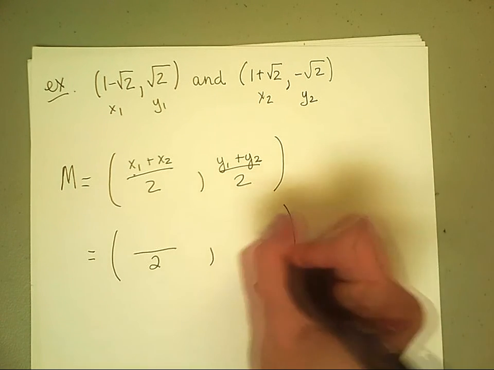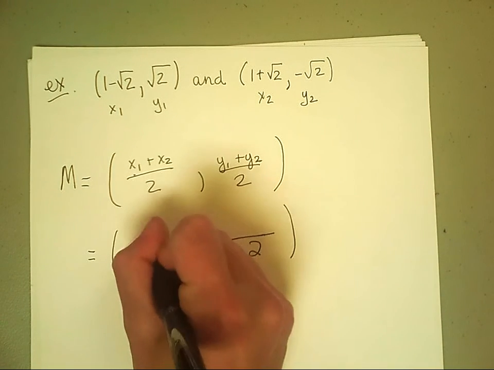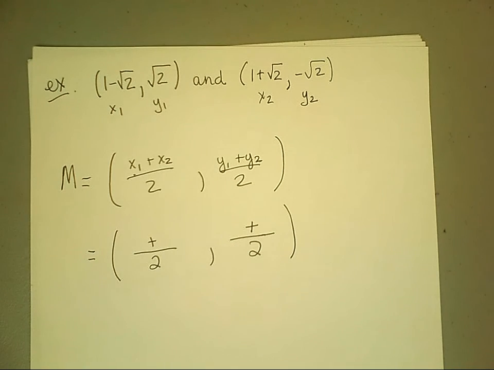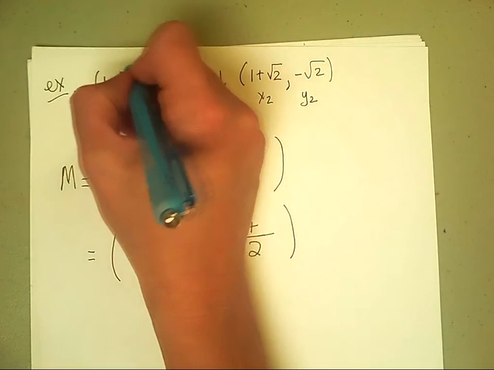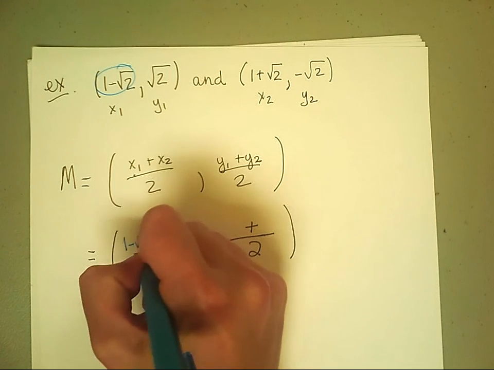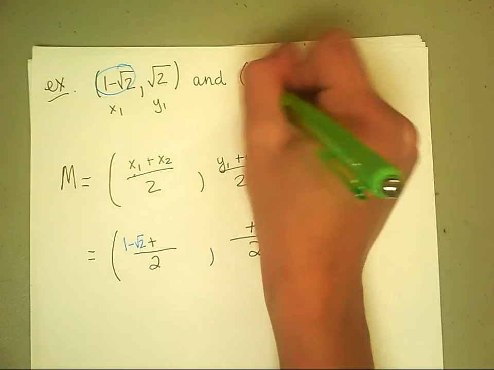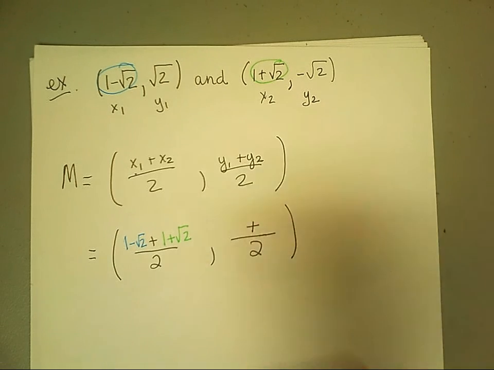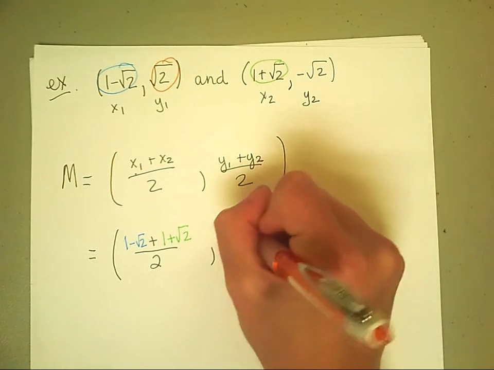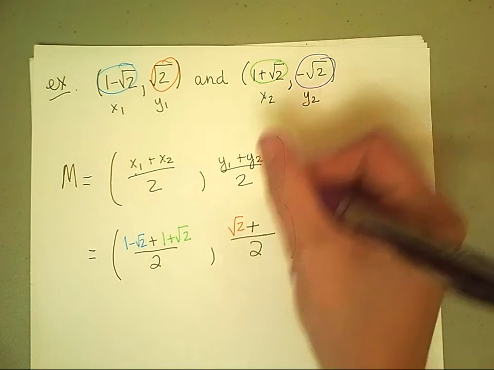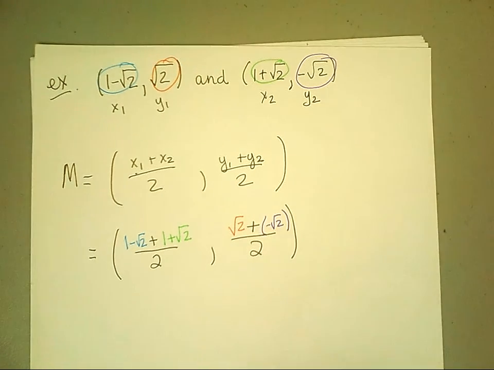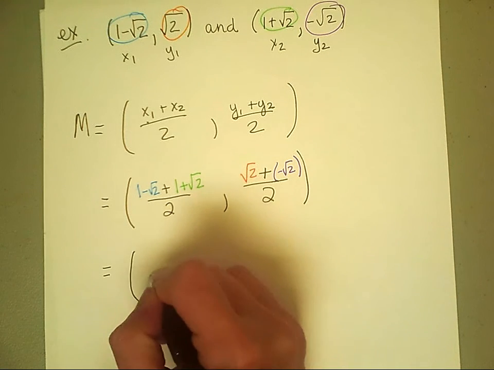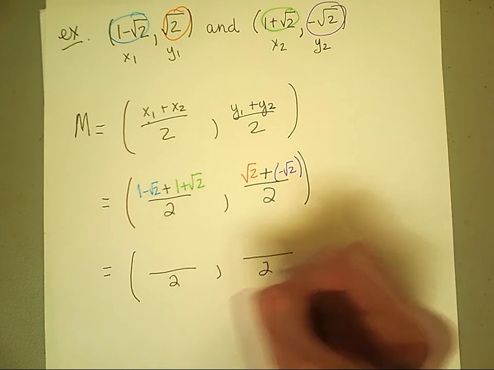So now, let's fill this in. Okay, so it's an ordered pair, it's an average, there are 2 items in the list, so we divide by 2, and we're adding everything up. Alright, now, x1 is 1 minus the square root of 2, x2 is 1 plus the square root of 2, y1 is the square root of 2, and y2 is negative square root of 2. Okay, now let's simplify this.